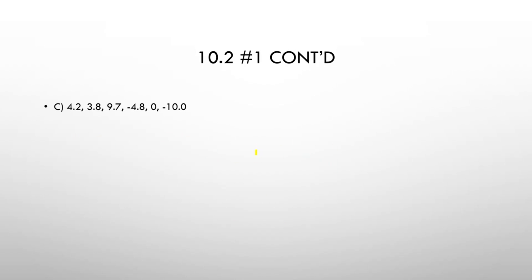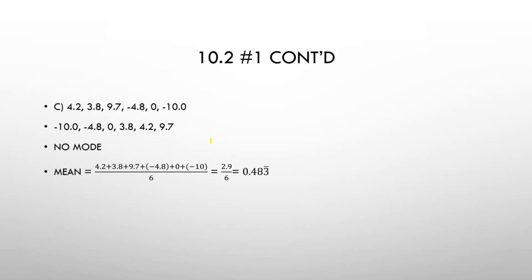Okay. Part C, I have the numbers 4.2, 3.8, 9.7, negative 4.8, 0, and negative 10. First, I've written them in increasing order, the way they would show up on a number line. Again, there's no mode because each number occurs the same number of times. To find the mean, I add up my numbers and divide by 6 because, again, there are 6 of them.